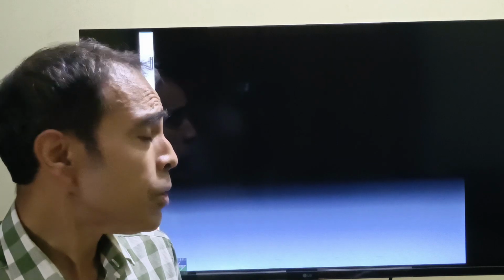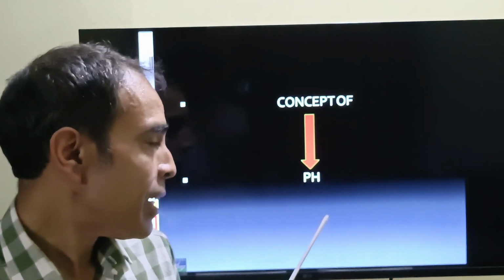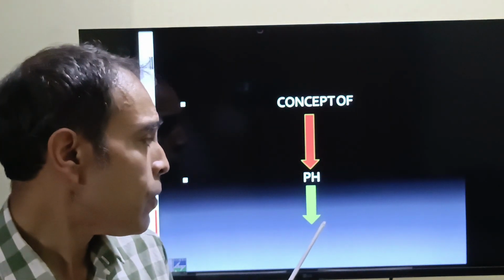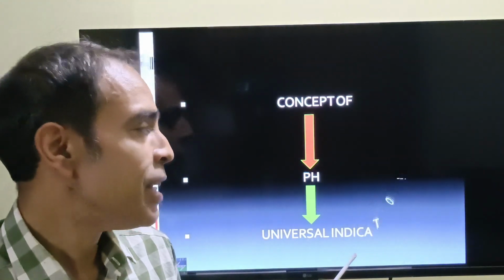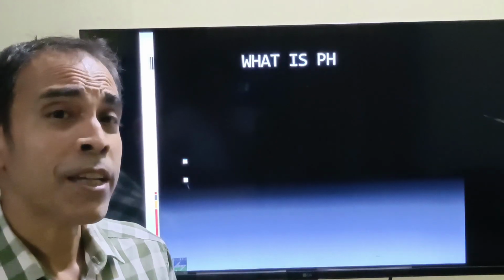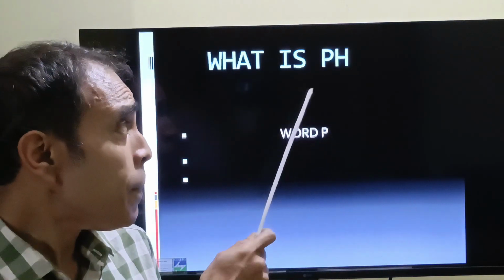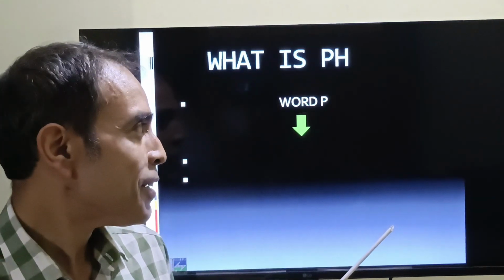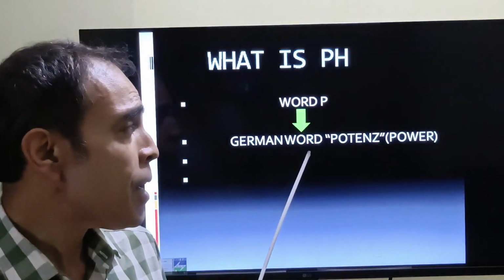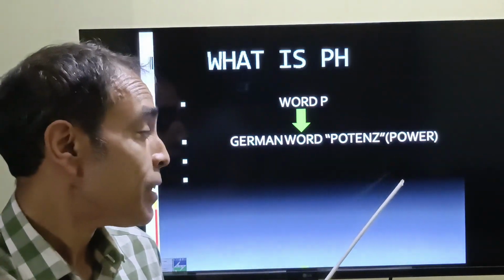So here comes the very important concept of what we call the pH, and here also comes another important indicator, which is the universal indicator. So firstly, what is pH? The P of the pH is derived from the German word potenz. Potenz means power.